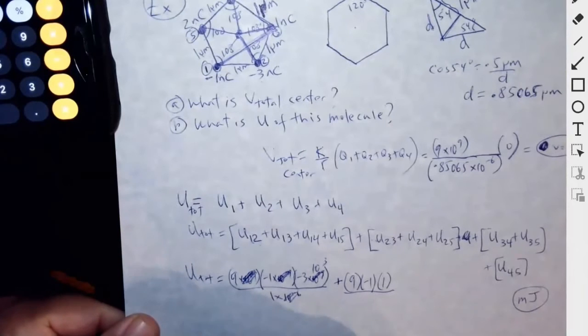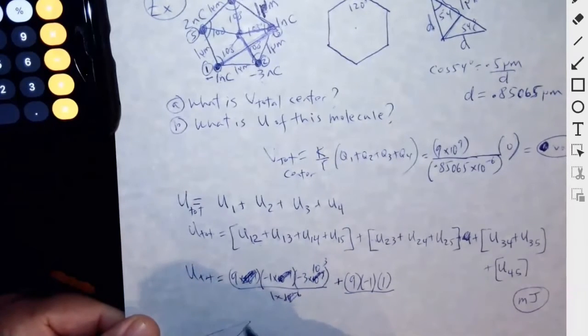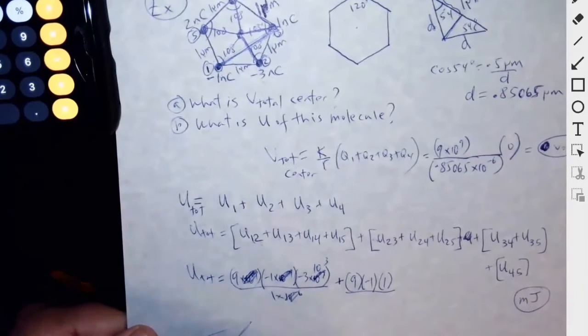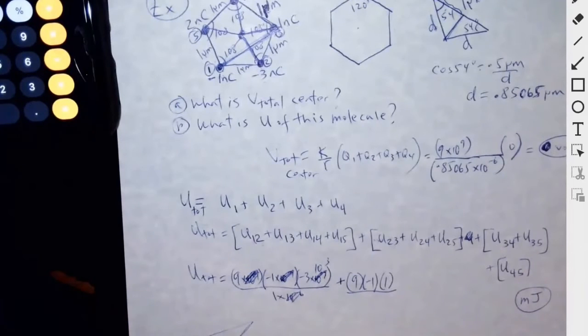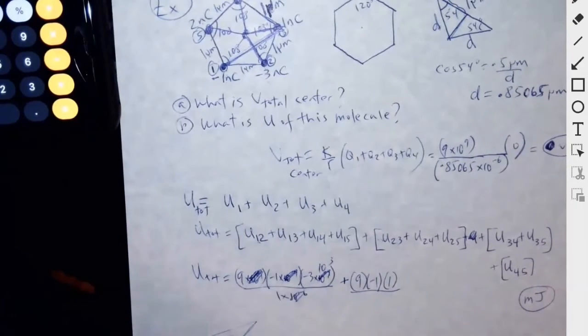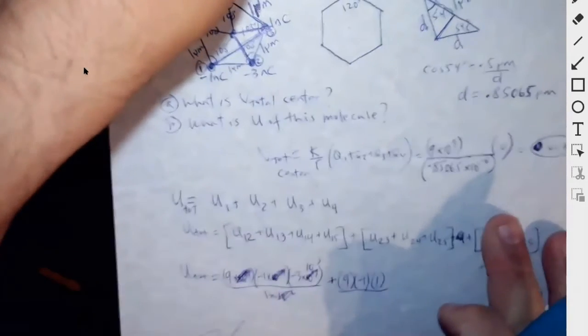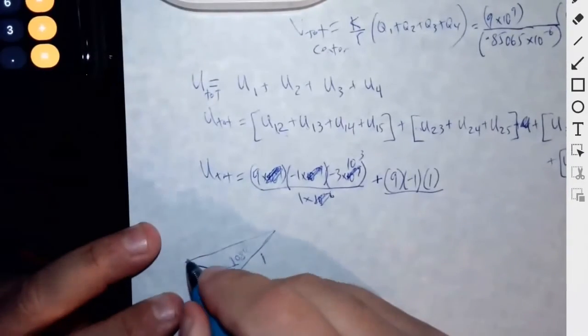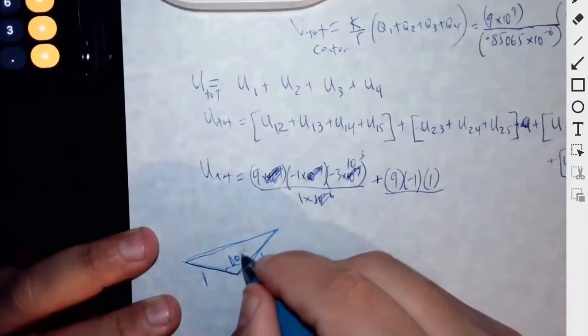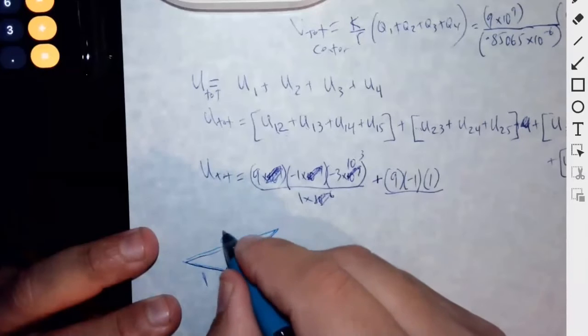If it's 1, 1, what would this distance be? This is a 108-degree angle. Oops, my pen is dying. 108.